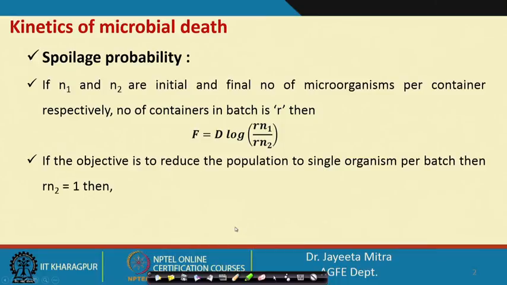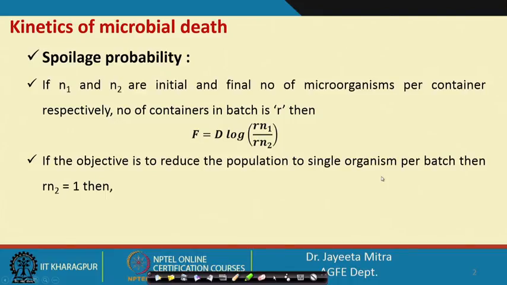Now, if the objective is to reduce the population to a single organism per batch, right, then we can do the calculation in such a way that RN2 equals 1, because RN2 is the final microbial load in each batch.